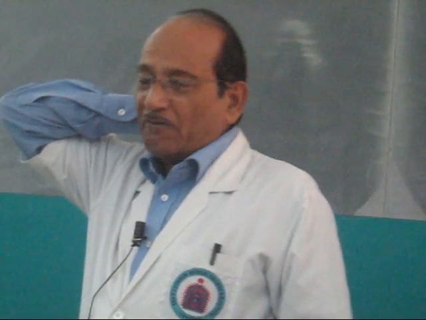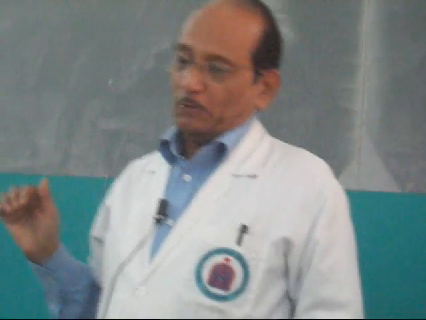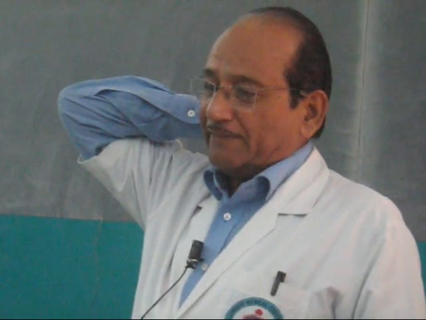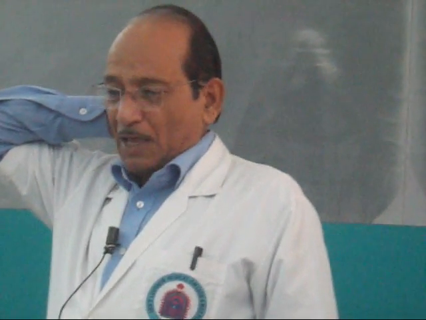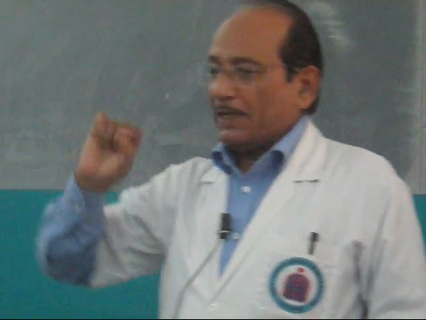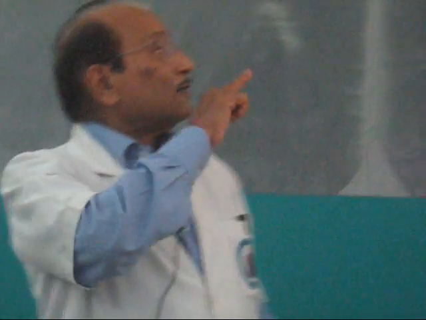N-U-C-H-A-L is nuchal and furrow is F-U-R-R-O-W. In the furrow in the midline of the back of the neck, you can feel the spines of the cervical vertebrae. But if you take your finger up and it reaches the back of the skull, you can note a midline protuberance or raised bony area, and that is the external occipital protuberance. So that is one landmark that has been pointed out.